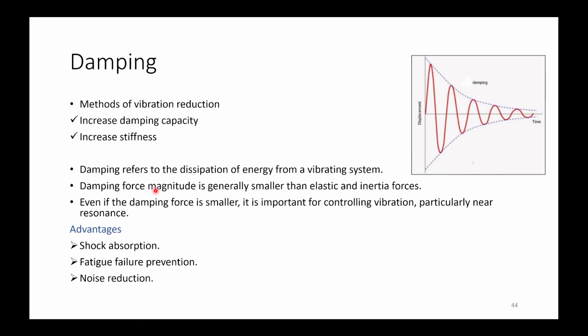The damping force magnitude is generally smaller than elastic and inertia forces, and even if the damping force is smaller, it is important for controlling vibration, particularly near resonance. The advantages of damping are that it absorbs shocks, reduces noise, and reduces the chances of fatigue failure.